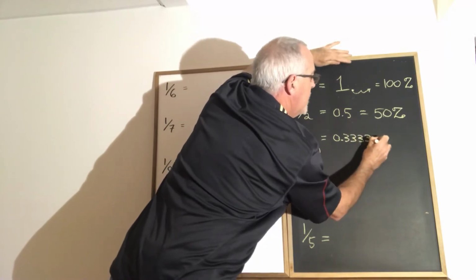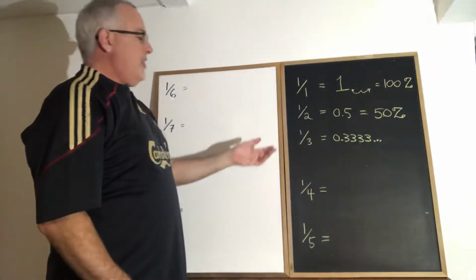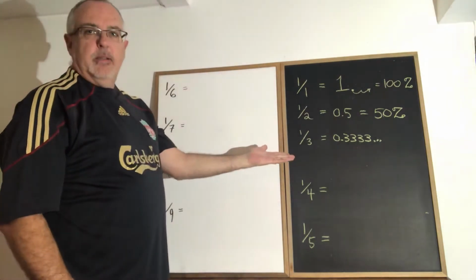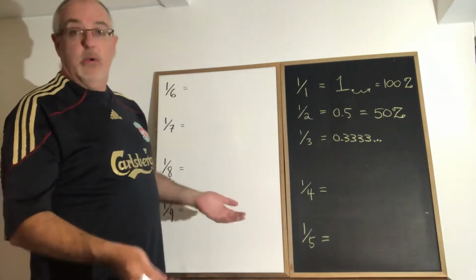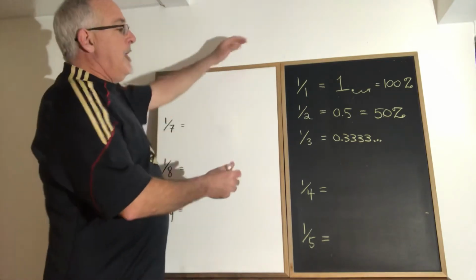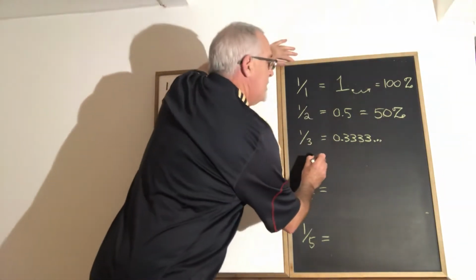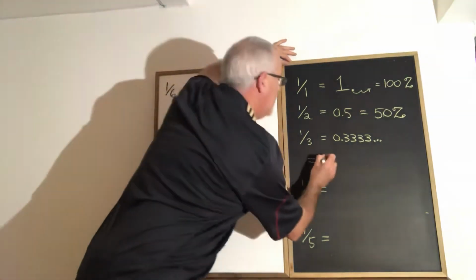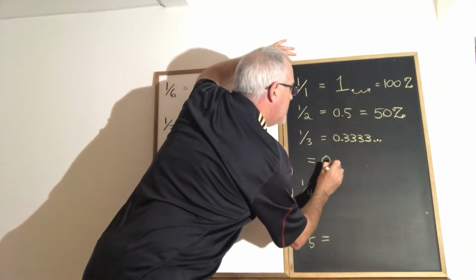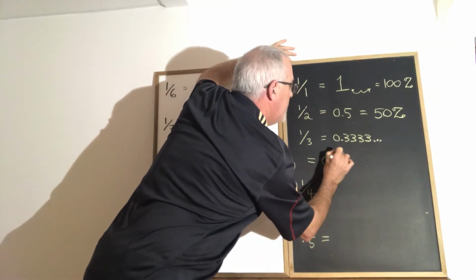0.3333, and it goes on and on. And you can prove this in a simple way by dividing 1 by 3 in a calculator or by doing long division. To convert that into a more easily readable decimal, we have a trick where we say that is equal to 0.3 repeating.